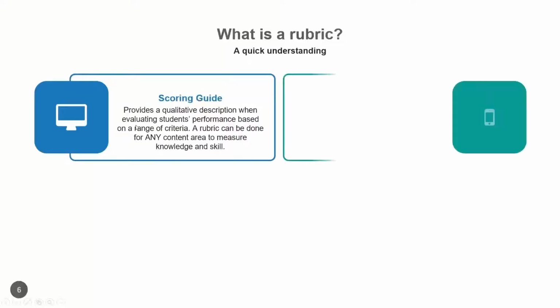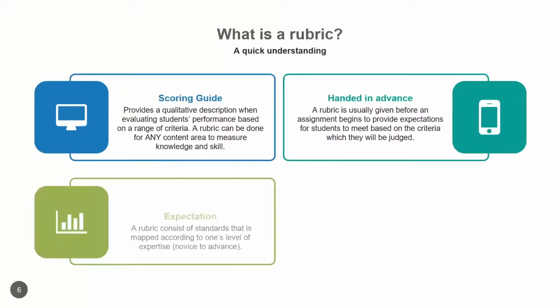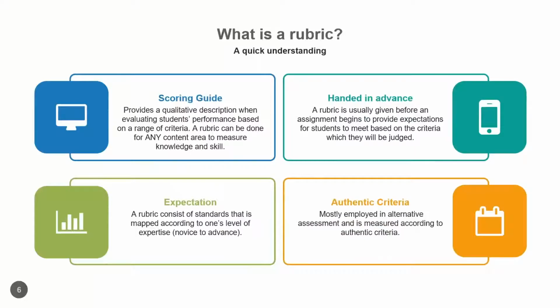So we need to have a very quick understanding of what is rubric. In terms of its scoring, it does provide qualitative description when evaluating students' performance based on a range of criteria. A rubric can be done for any content area. If you're saying that I'm teaching medicine, how can I use rubric? You can, especially if you're asking them to do PBL. Definitely, you will be using some form of rubric.